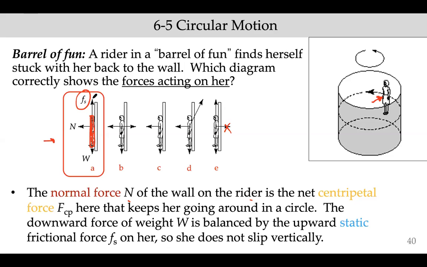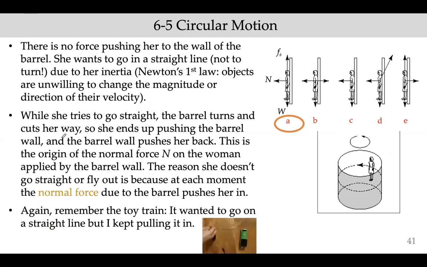But again, Fs depends on the normal force, right? So you need some normal force so that there can be any friction. If there's no normal force, that means there's no friction. So there's no force pushing her to the wall of the barrel. So E is wrong.